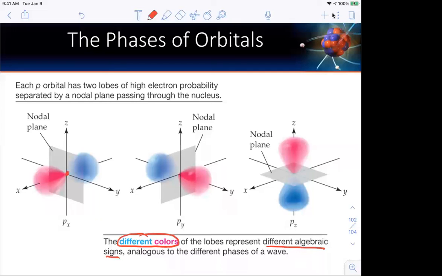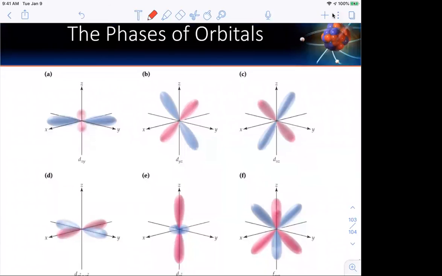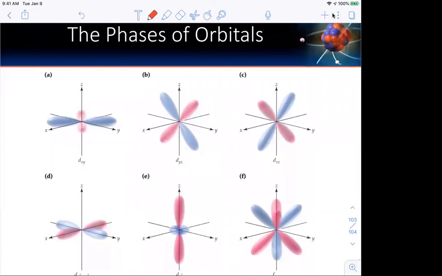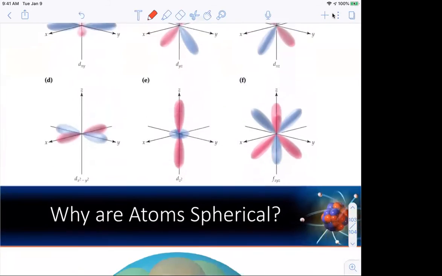And that is analogous to different phases of a wave. Again, these are also color depictions. I have positive values in the blue, negative values in the red, and you can see that this is a plot based on the solution of those Schrodinger equations, which gives me the most likely area to find an electron.